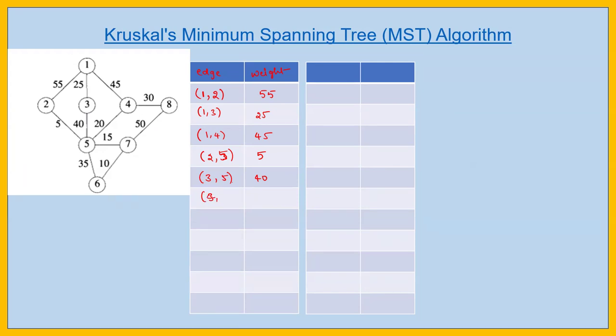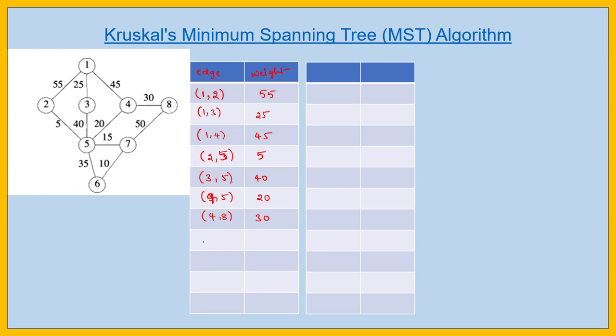Next, we will go for the fourth one. From the fourth vertex, 4 to 1, 2, 3, no need to check. 4 to 5, I need to include, a direct edge is there whose weight is 20. Next, 4 to 6, no edge, 7, no edge, 4 to 8, we have an edge whose weight is 30.